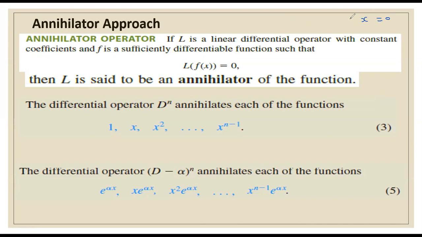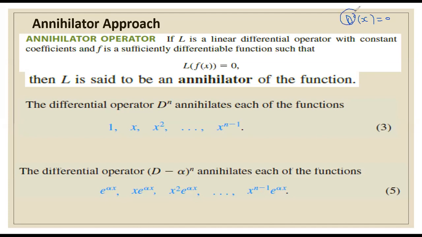Do you remember the notation for the derivative of second order? What should I write? D squared. So D squared of x is 0. The second derivative of x is 0 because the first one is 1.